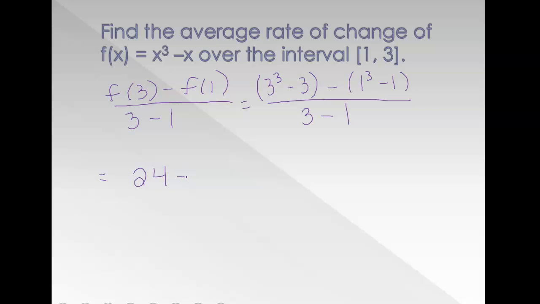Minus, well, 1 cubed is 1. 1 minus 1 is 0. So 24 minus 0, all over 3 minus 1, which is 2. 24 over 2 is 12. So the average rate of change of f of x equals x cubed minus x from 1 to 3 is 12. Not that that means a whole lot, but that's what it represents.